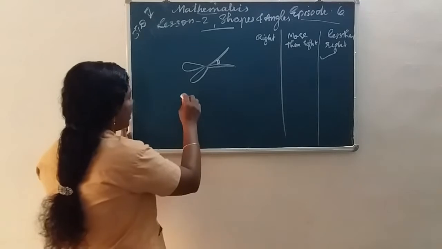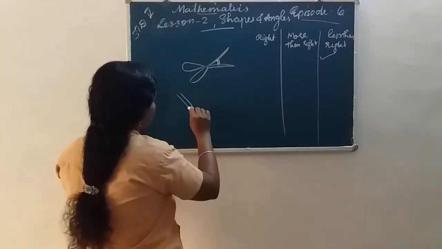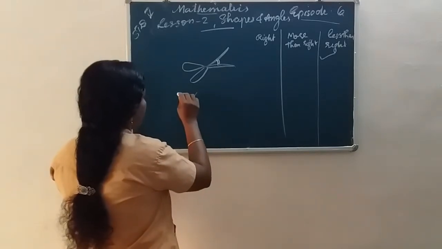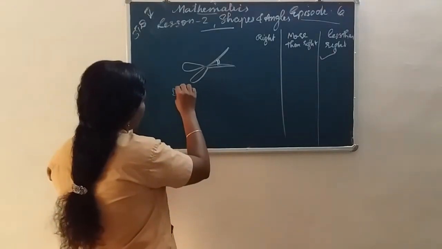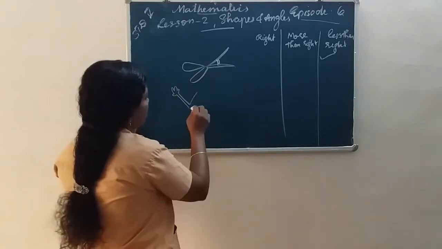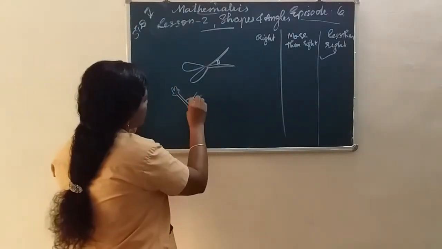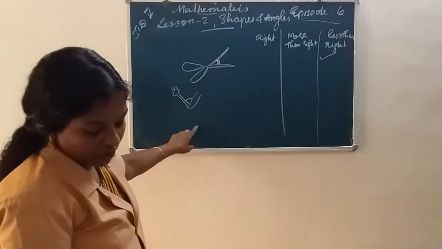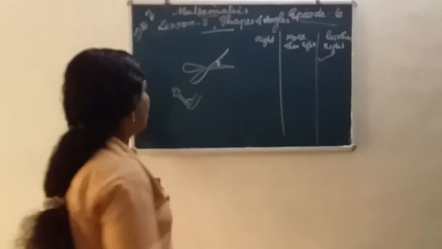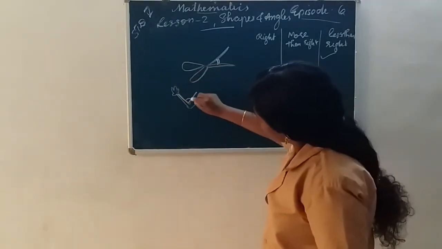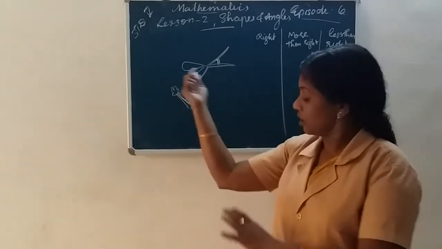Next, another man is standing there. His arm is given here. Can you see there? Which type of angle is this? Here you can see that this angle is L shaped.